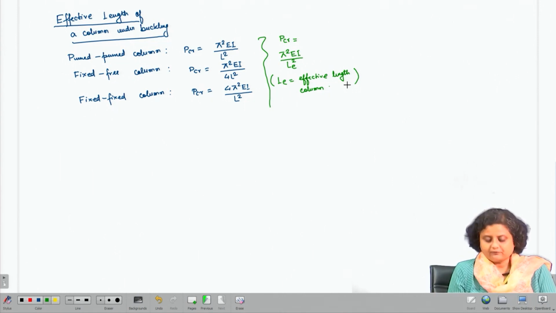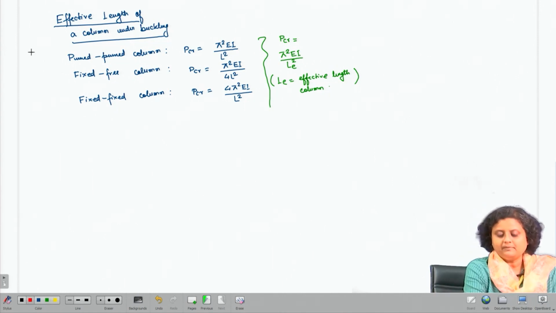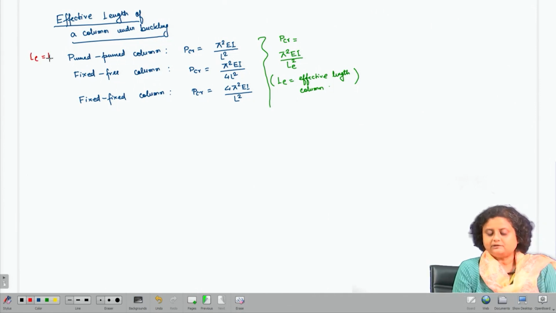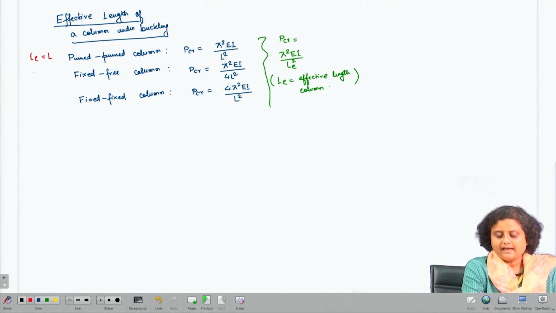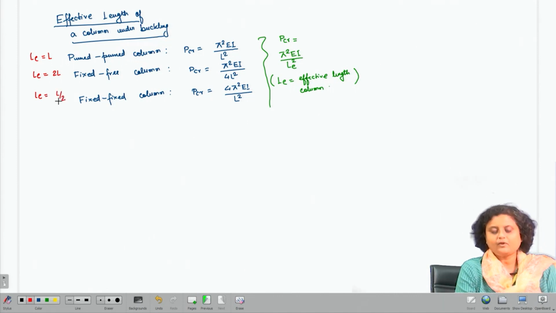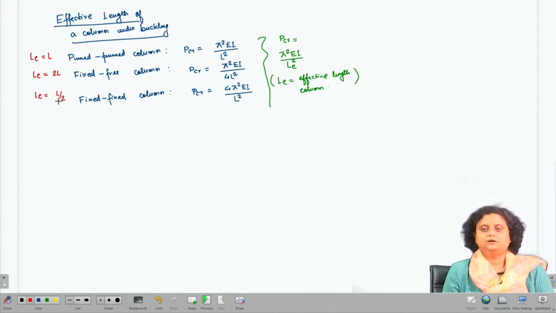So, for a pin column, L E is equal to L, whereas for a fixed free column, L E is equal to 2 L. Whereas for a fixed column, L E is equal to L by 2.